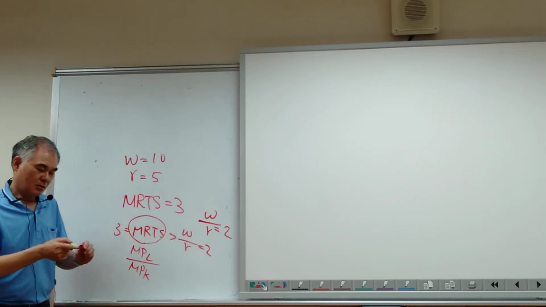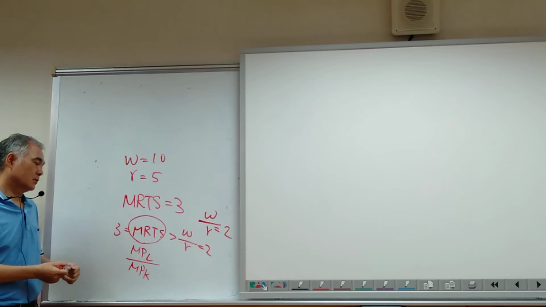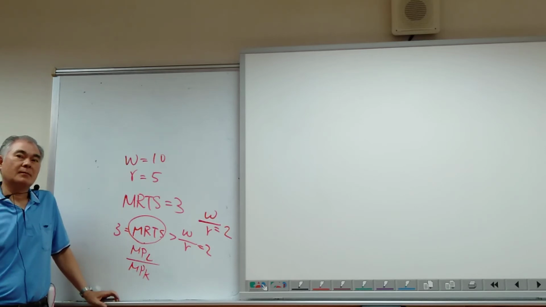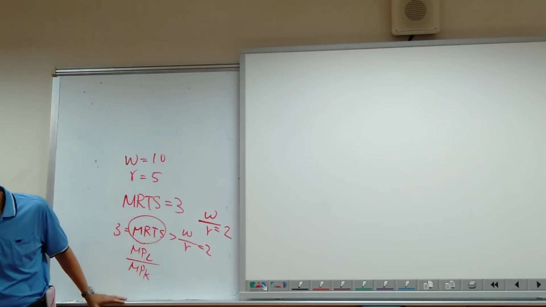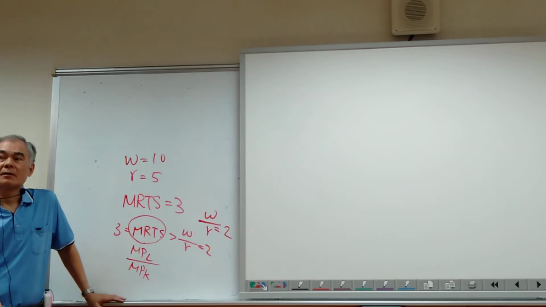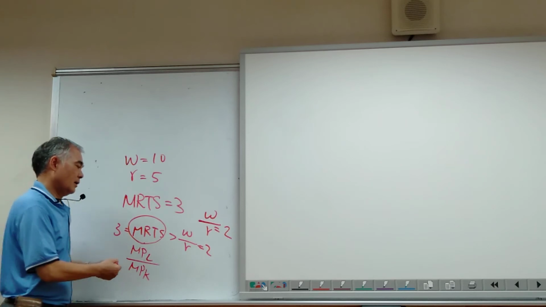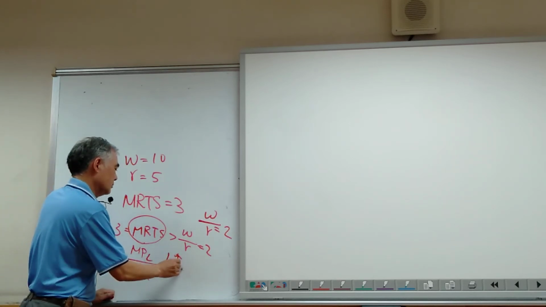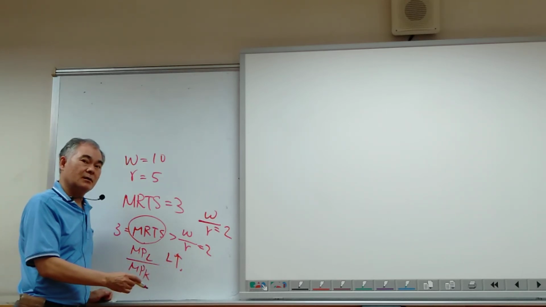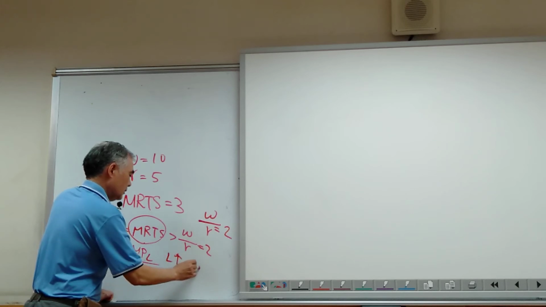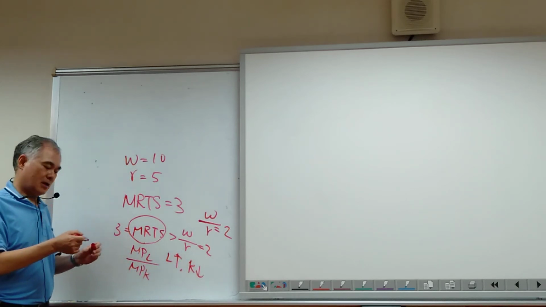Okay? So Hong Kai-Xuan, what should the firm do? And? Okay, so labor goes up, use more labor, right? And decrease the amount of capital, right?